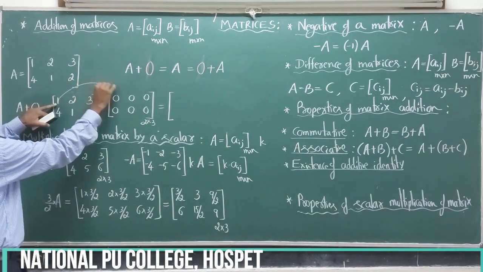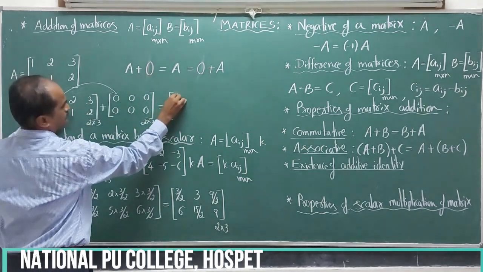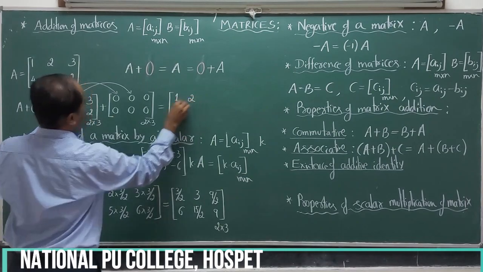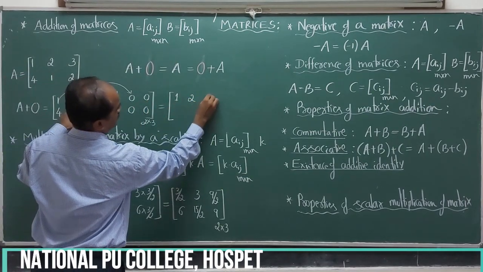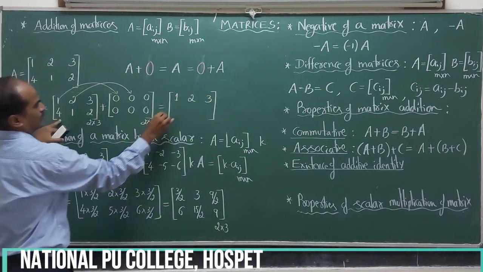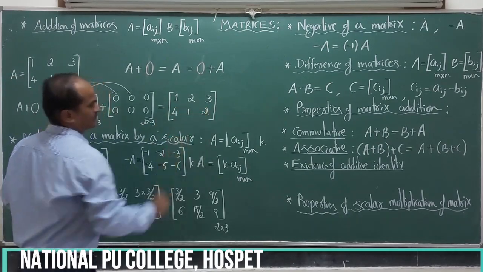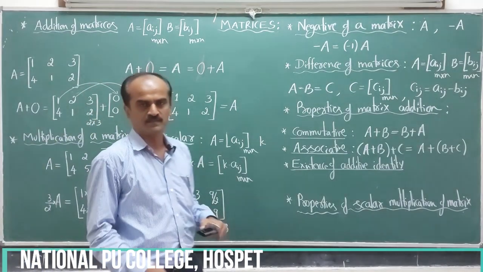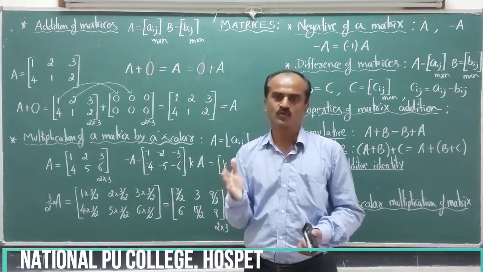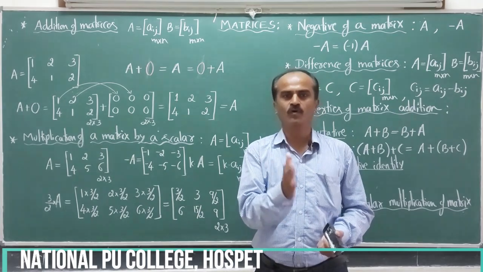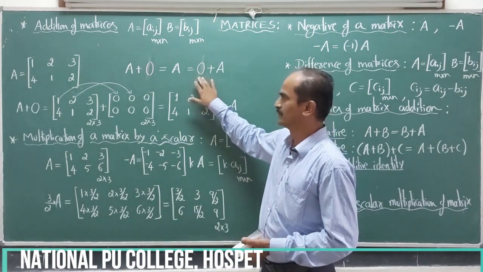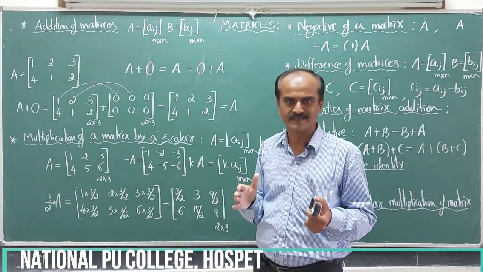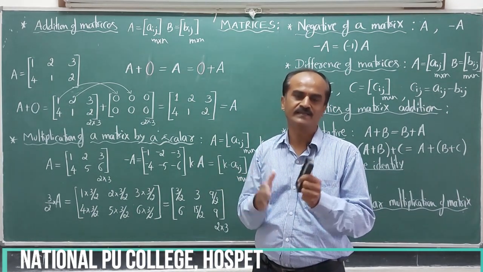Now let us add these two matrices. 1 must be added to 0. 1 plus 0, 1. 2 plus 0, 2. 3 plus 0, 3. In this way, all the elements will remain the same. They are not going to be disturbed. This is equal to A. So, since A plus O gives us A, as well O plus A ends with A, this null matrix or zero matrix is treated as additive identity.